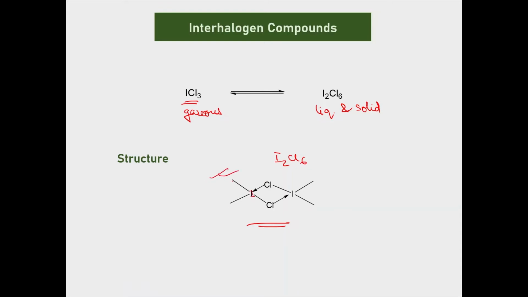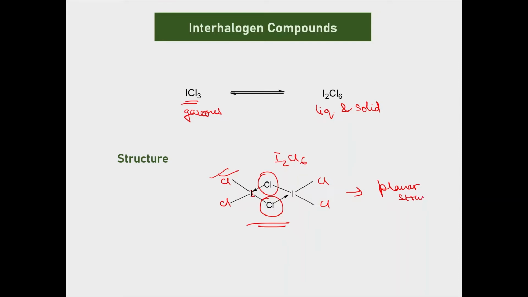So here we can see that two Cl are coordinated to iodine terminally and there are two bridging chlorines, and this is having a planar structure.